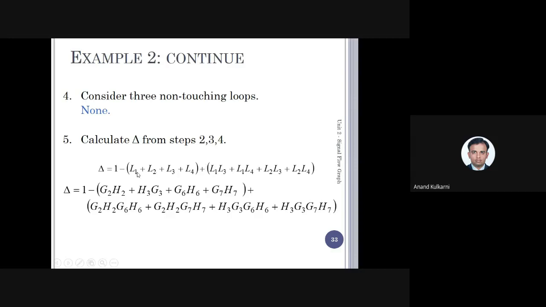Whatever loop gains are there for single loops, we have added here. Whatever loop gains are of two non-touching loops, we have put up here. So this becomes your delta. The determinant is 1 minus loop gains of single loops plus loop gains of two non-touching loops taken as a pair. Whatever the L1, L3 values were, you have notated down here. So this becomes your delta.